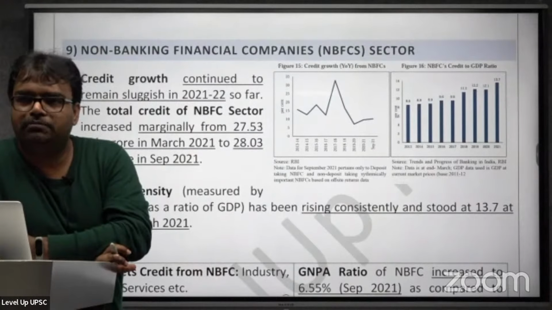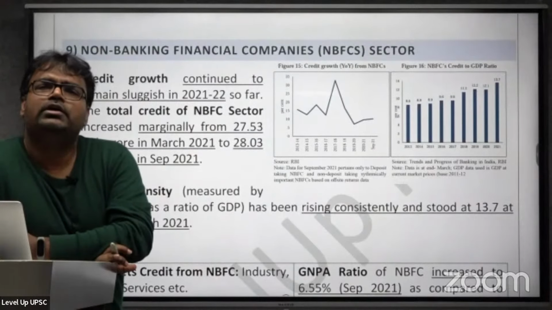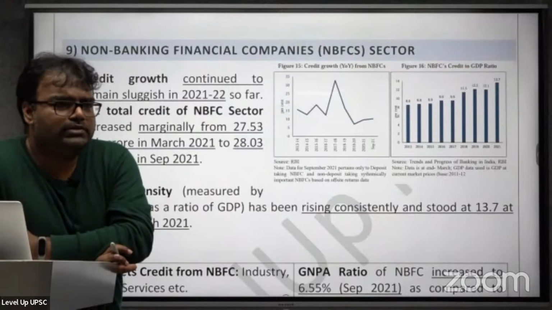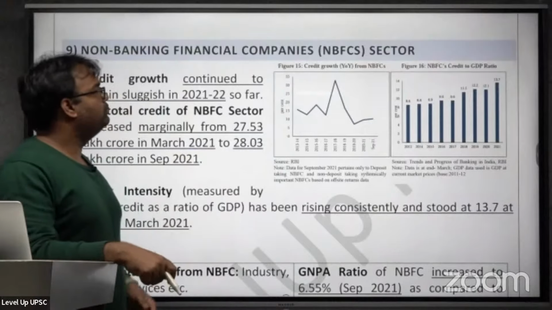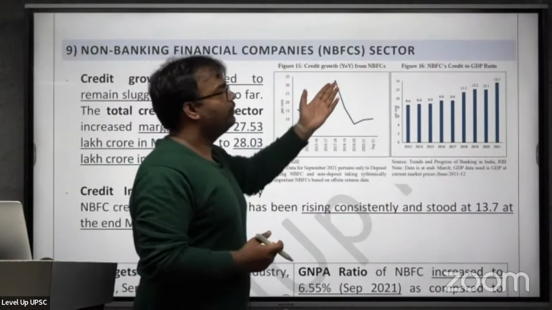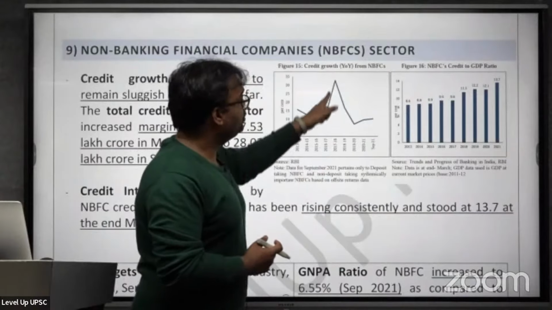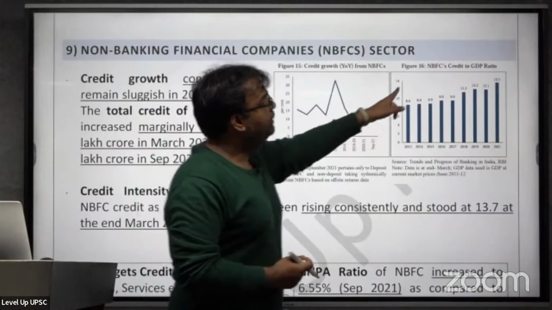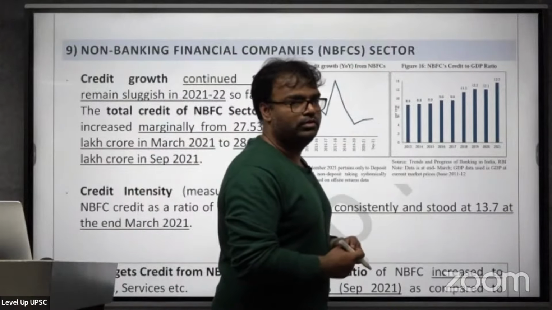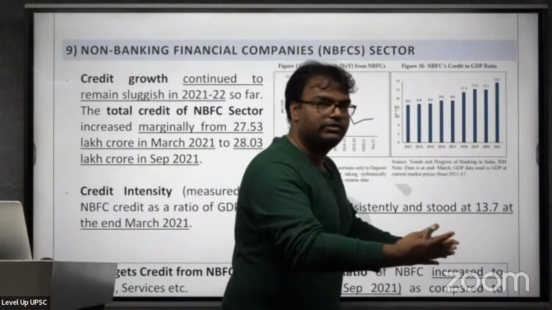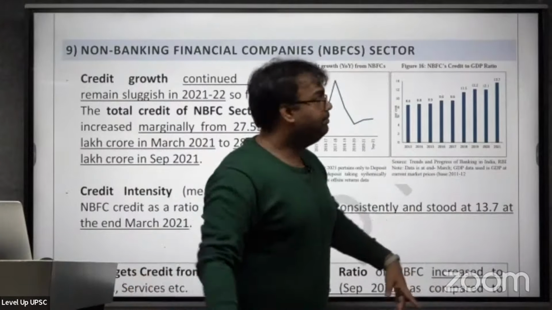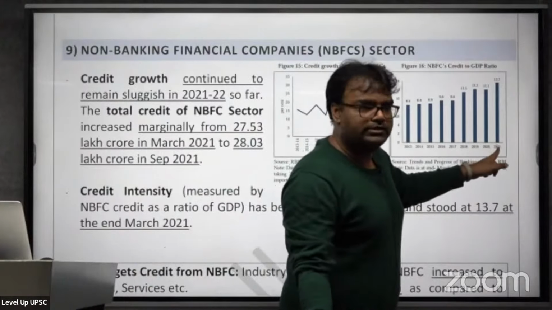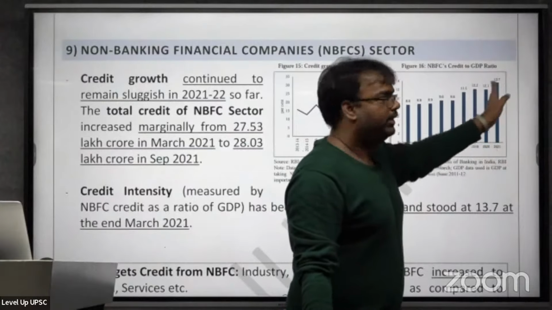When one of the major NBFC companies had a problem, IL&FS, after that the NBFC sector was facing a lot of problems, and that's why when you look at credit growth from NBFCs, after 2018-19 there is a drastic reduction in the NBFC's credit to GDP ratio, like the loans which NBFCs have given relative to the total GDP of the country. NBFC's credit to GDP ratio has been going up. It reduced in 2020. We can understand the logic, and after that it has still gone up.